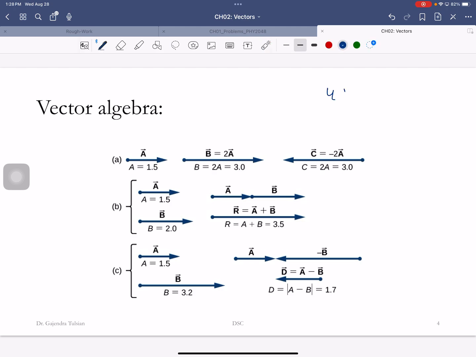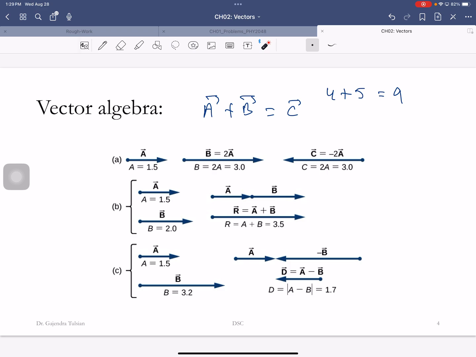Now, what is 4 plus 5? 9. Now, it turns out that if you add 2 vectors, in general, if this is 4 units long and that's 5 units long, this is not 9 units long.